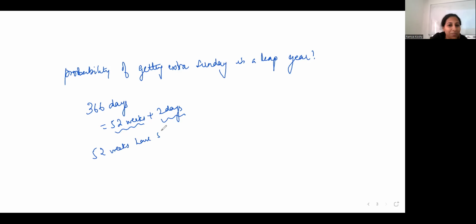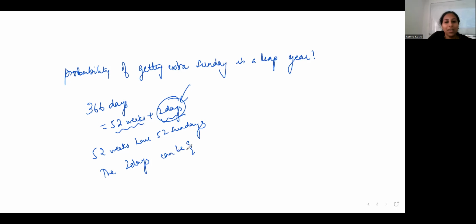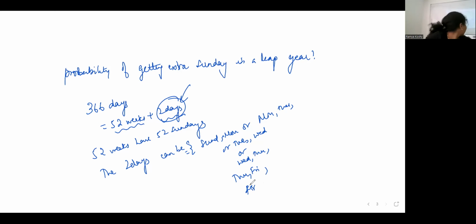The question means, what is the probability that in these extra 2 days, you can get a Sunday? The 2 days can be Sunday, Monday, or Monday, Tuesday, or Tuesday, Wednesday, or Wednesday, Thursday, or Thursday, Friday, or Friday, Saturday.